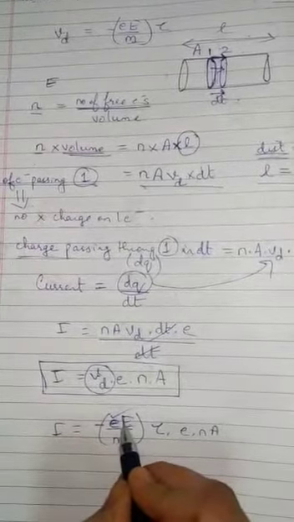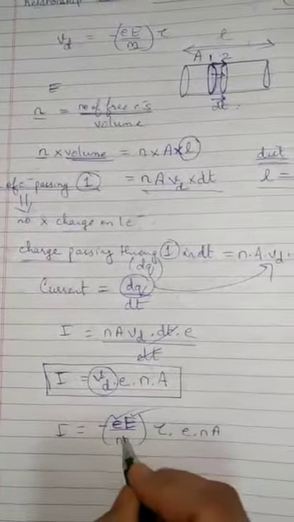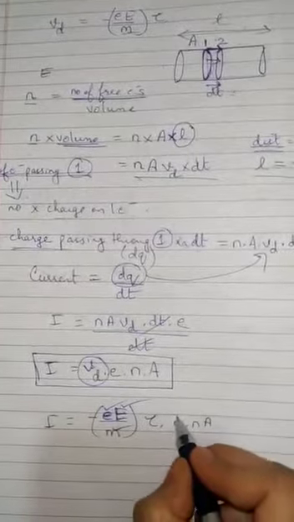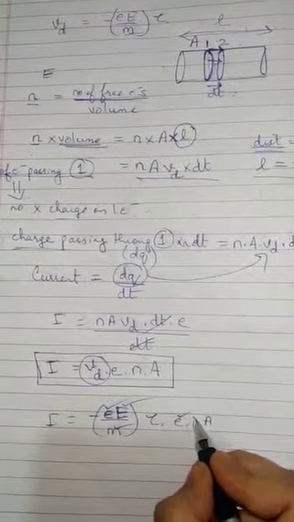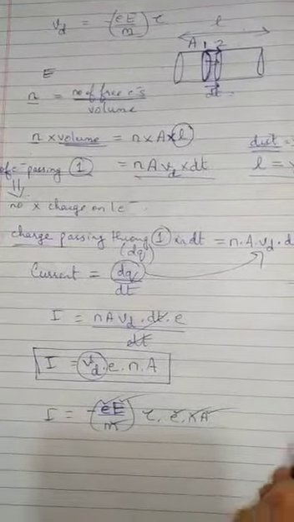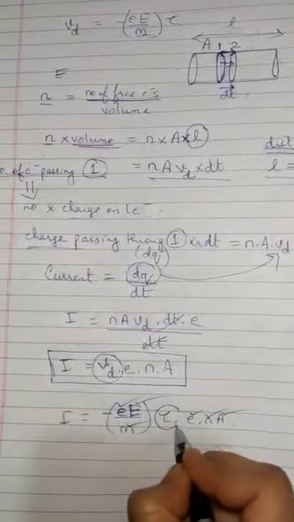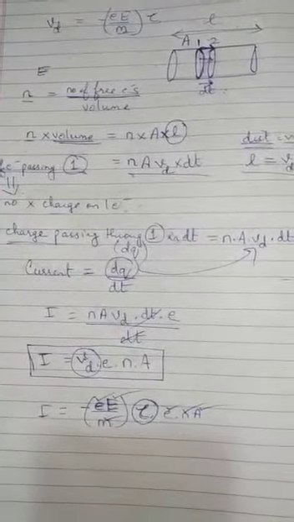Electric field that you have applied will be a constant for a given situation. Mass of the electron will be a constant. Again, e is a constant. Now electron density is a constant. The area of cross section of the wire is also a constant. So the only thing that can change on changing the temperature is this relaxation time.